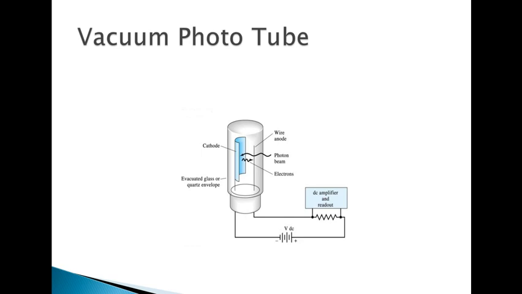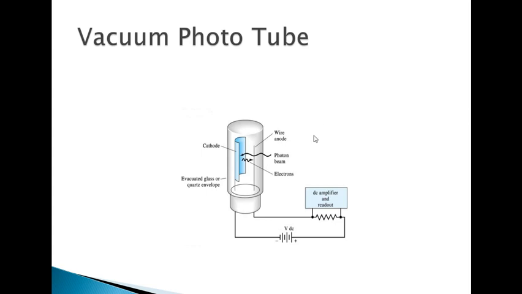It is housed in a glass tube along with the other electrode, which is the anode. Vacuum exists in this glass tube, and the voltage is created between the photocathode and anode. The anode is positive and the cathode is negative.